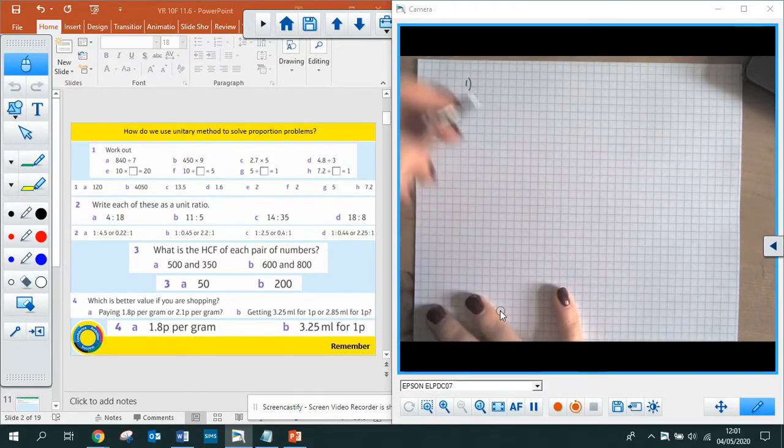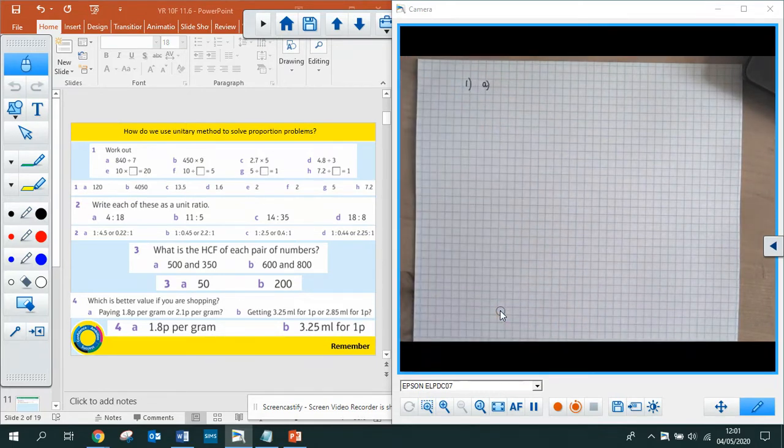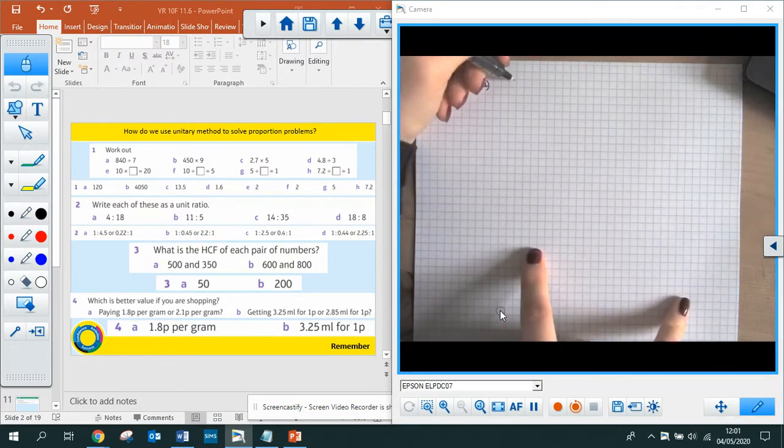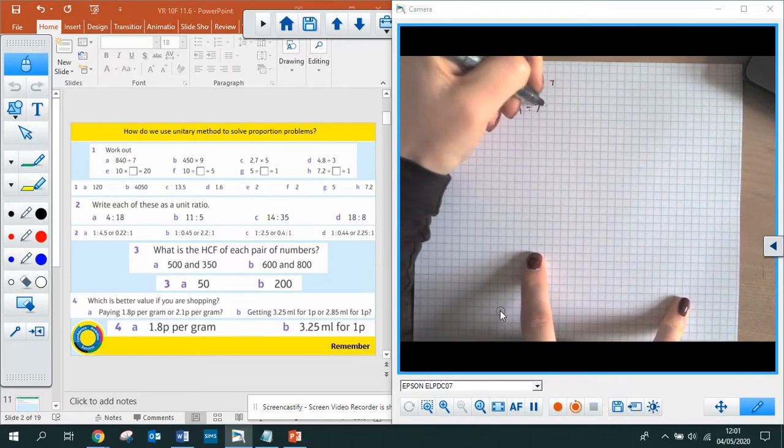So for question 1, part A, you need to do 840 divided by 7. Hopefully, you already knew that 84 divided by 7 is 12.